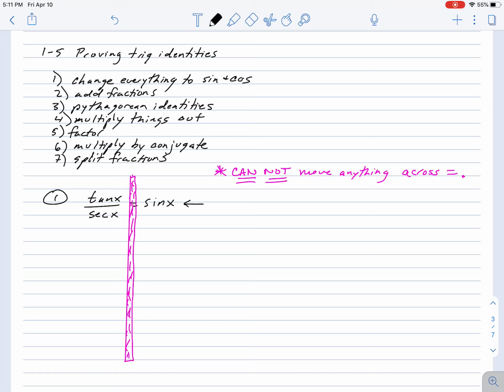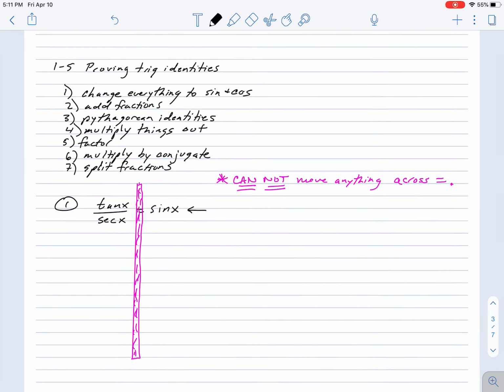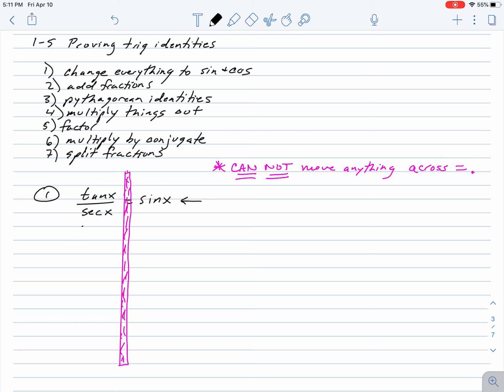All right, so I look at this, and it looks like it's a pretty simple fraction. It's already added. I'm going to try to change these to sine and cosine. So tangent is sine x over cosine x. That's my numerator, rewritten in terms of sine and cosine. And secant is 1 over cosine.